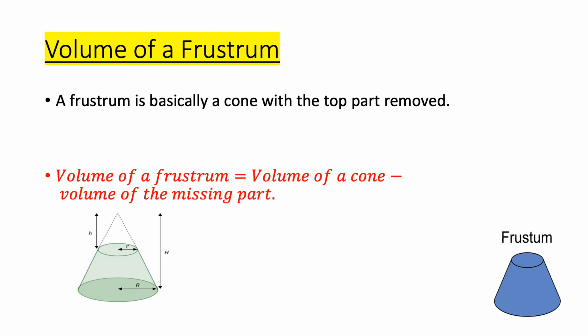You'd work out the volume of the whole cone, which is a third pi r squared h, and then subtract the volume of the smaller cone. So you would use these figures for the first part to work out the volume of the whole cone, and then subtract the volume using these figures here.